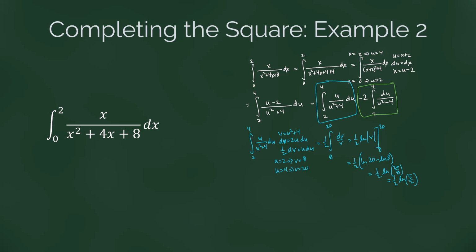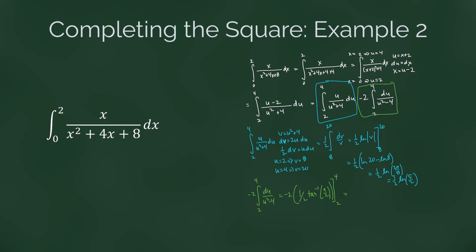Now we'll look at the second half of our integral. We have negative 2 times the integral from 2 to 4 of du over u squared plus 4. This one falls into one of our patterns. This is an arctangent integral, so we get negative 2 times 1/2 the inverse tangent of u over 2, evaluated from 2 to 4.